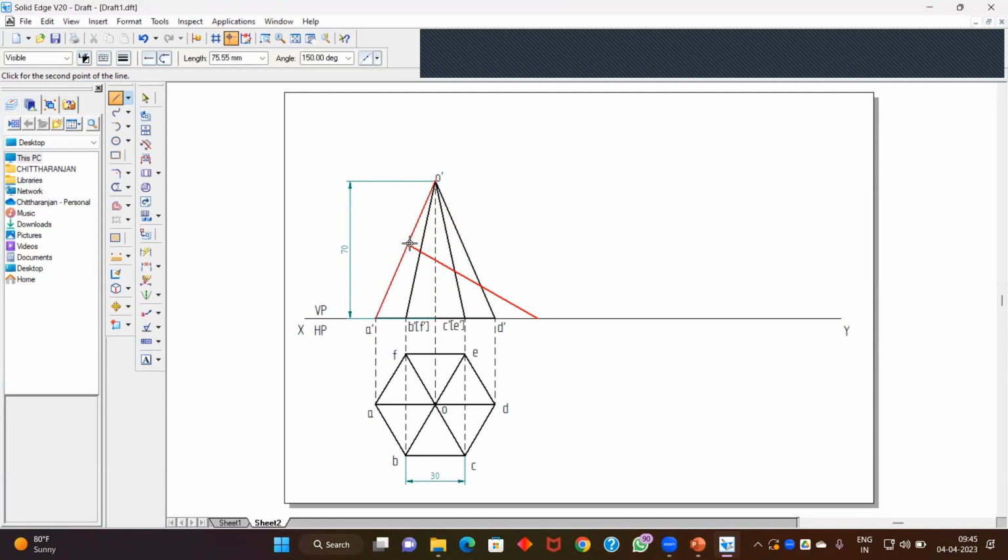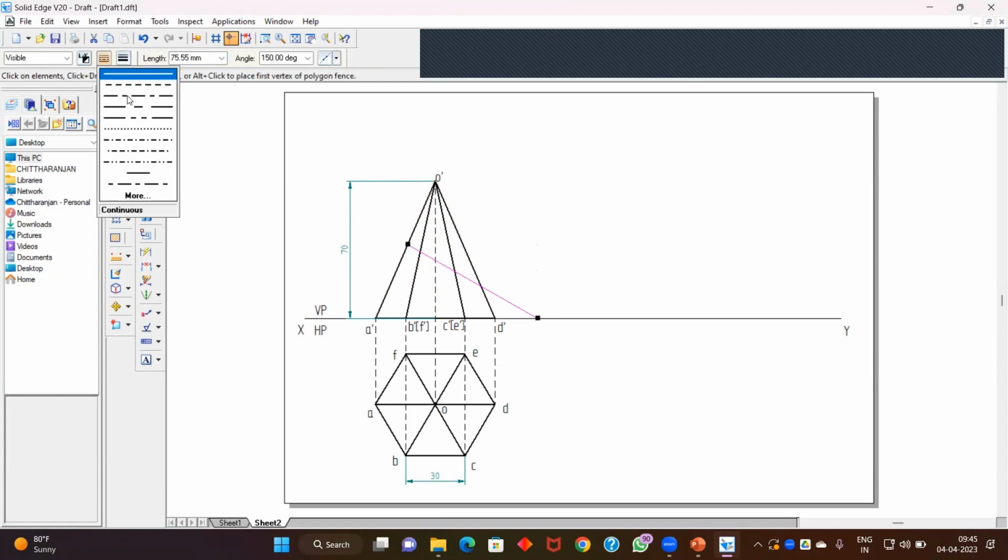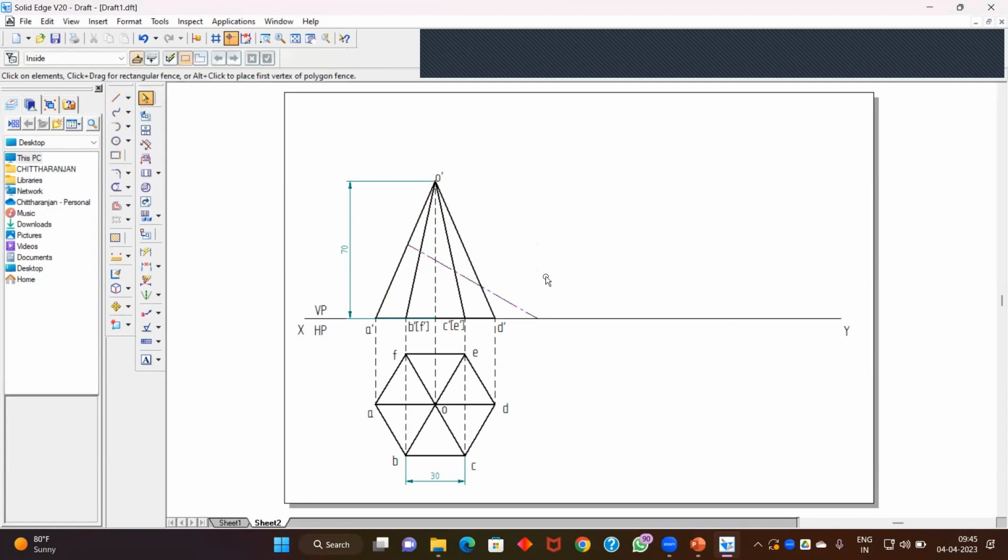So 30 degrees. It should be thickness 0.25. So thickness is 0.25 and it is non-continuous. Make the difference of these lines and plot the angle. It is 30 degrees.